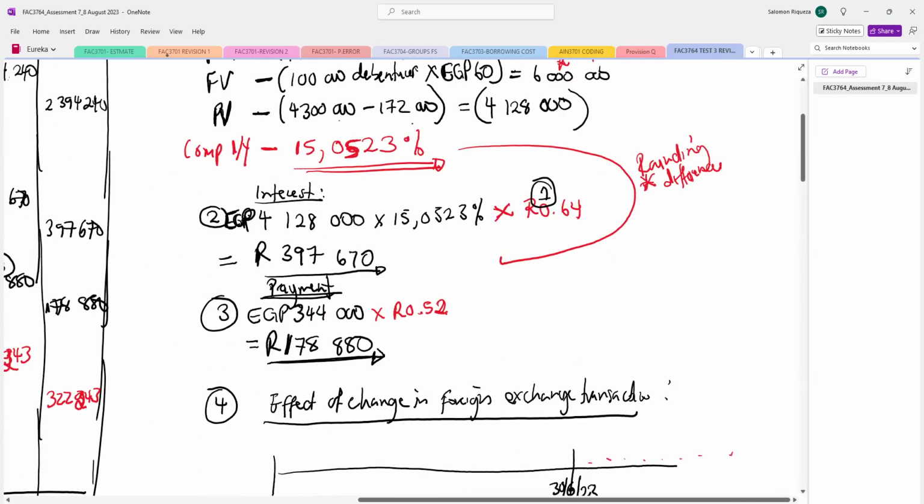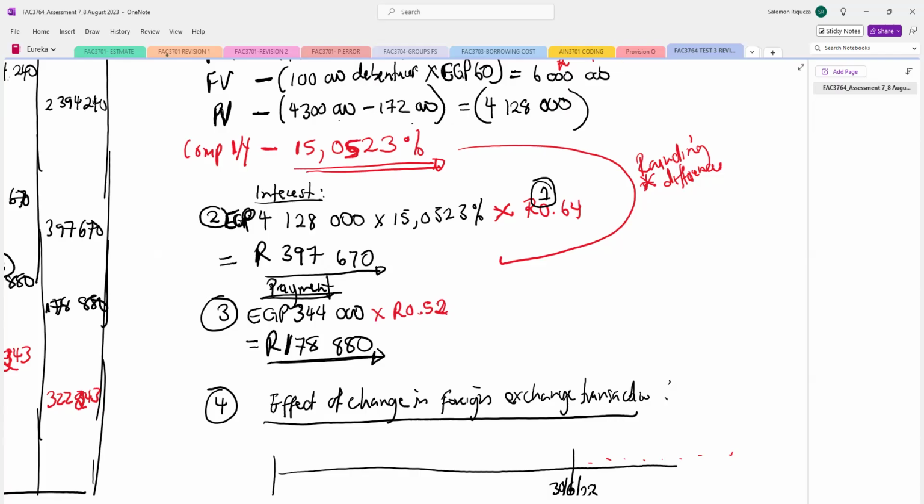Do not include them all together. You know what I did? I did the amortization table using the Egyptian pounds. And then on the interest part, I took the interest exactly from the amortization table, and then I converted it to South African rands.